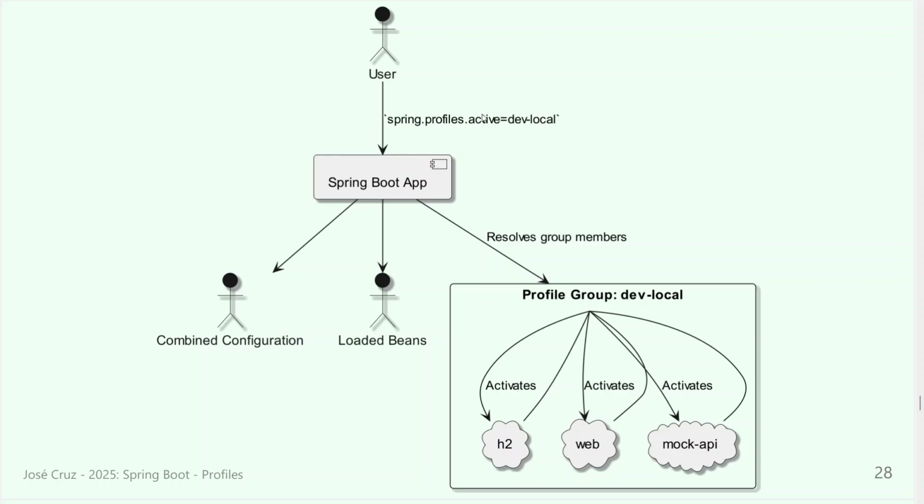So you have spring profiles active dev local. It will combine all the configurations, load all the beans, and activate H2, web, and mock API in this order, like they were split and not in a group. Because at the end of the day, there are still three profiles, but we just give a nice name to simplify the management and the configuration.